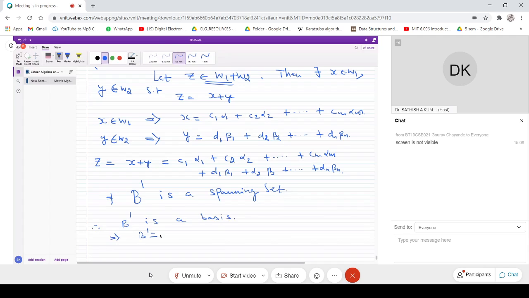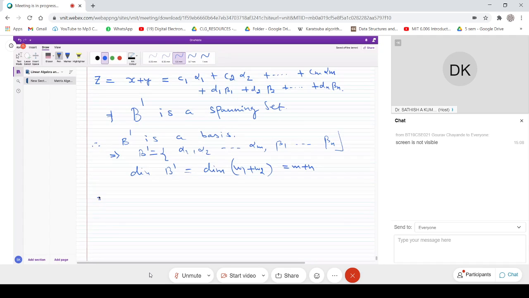So B prime is alpha 1 to alpha m, and then beta 1 to beta n. It is a basis, so the dimension of B prime is the number of these vectors.